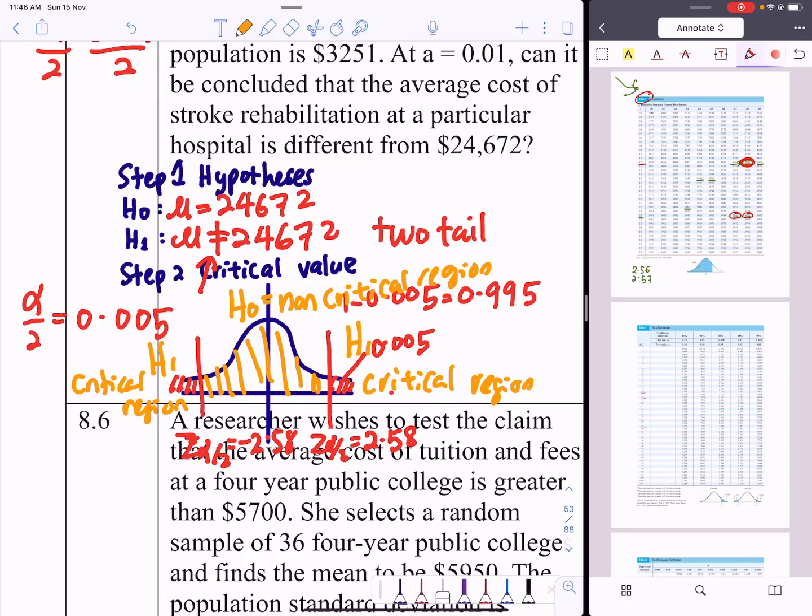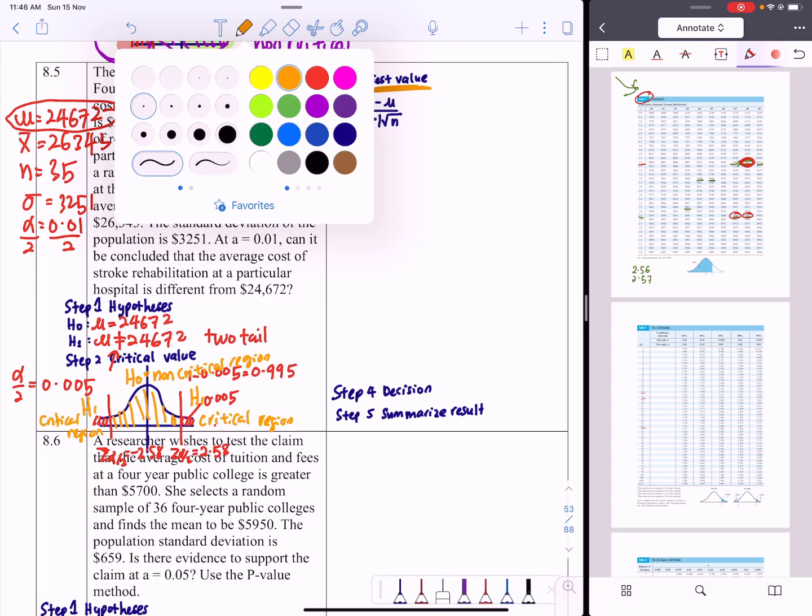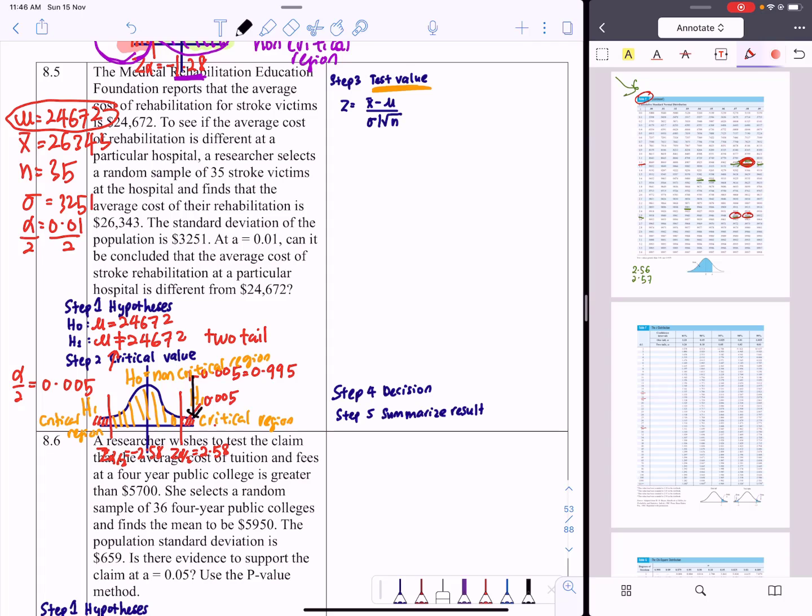Now we want to see where the test value falls. If the test value falls in the H1 or critical region, we reject the null hypothesis. If it falls in the middle region, we cannot reject the null hypothesis.